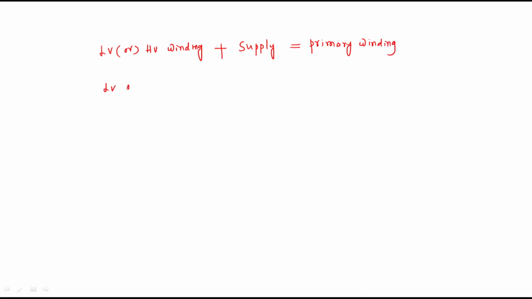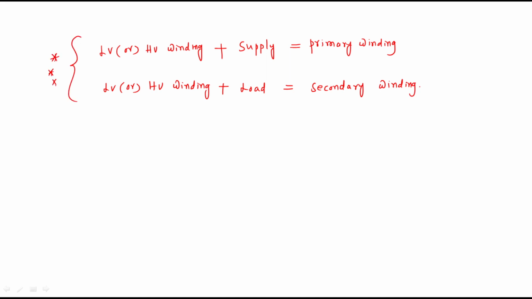Like that, low voltage or high voltage winding with load across two terminals is nothing but secondary winding. This is a very important note point.